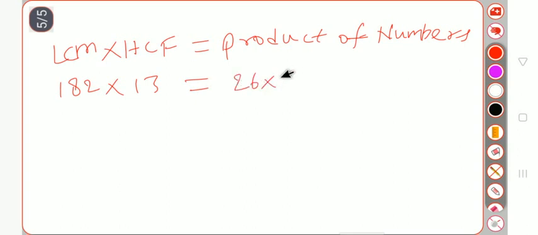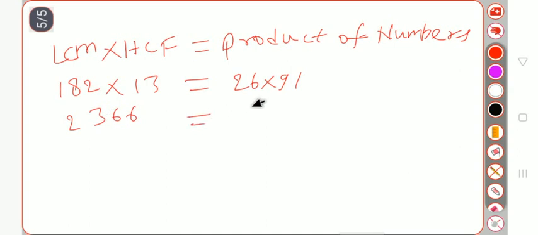26 into 91. So check here, 13 twos are 26, 13 eights are 104, 106, because carry was 2. Now carry is 10. 13 ones are 13, 10, 23.